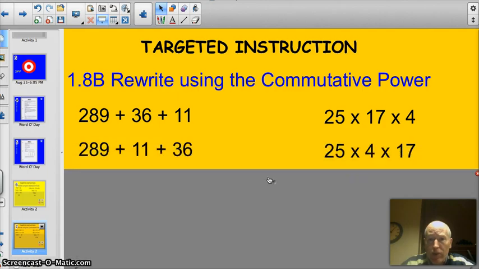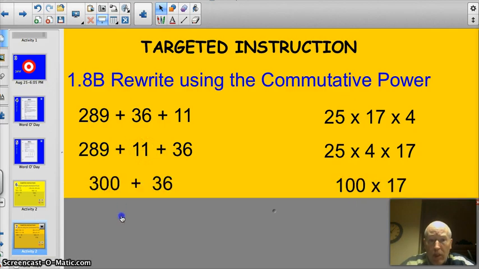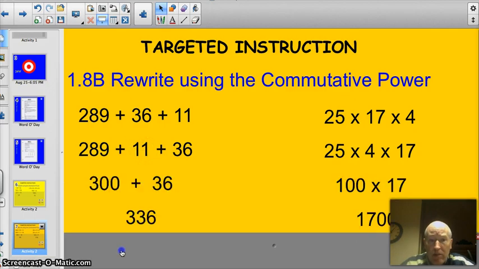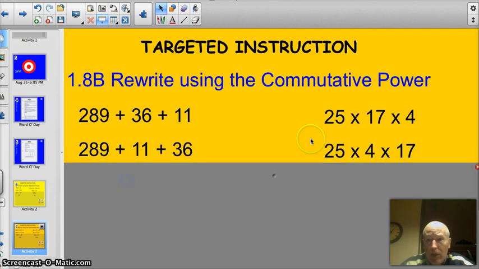So if I scroll down just a little bit, you can see that 289 and 11 are compatible numbers. They kind of go together to make an even 300. So I moved that 289 over there so I could do that first. Then I can very quickly go, well, if this is 300, then the total is 336, correct? The same way over here.